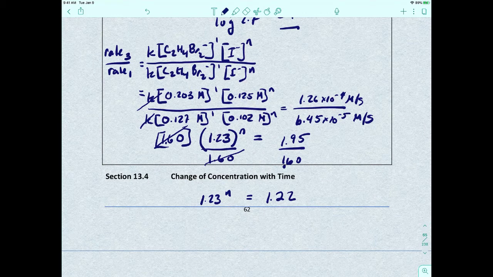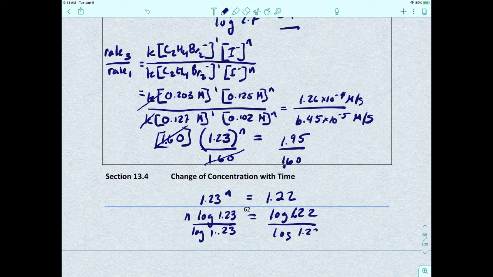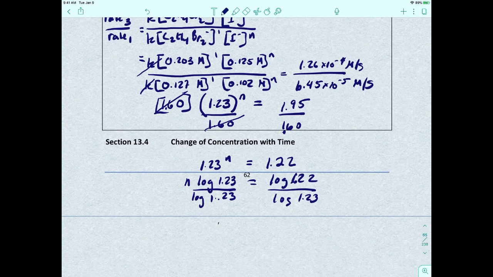So the number's probably going to be really close to 1. Let's check it out, though. Let's convert the exponent to a logarithm. So n times the log of 1.23 is going to be equal to the log of 1.22. So if we divide both sides by the log of 1.23, n should be really close to 1.